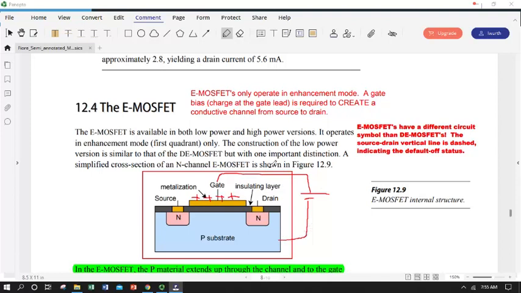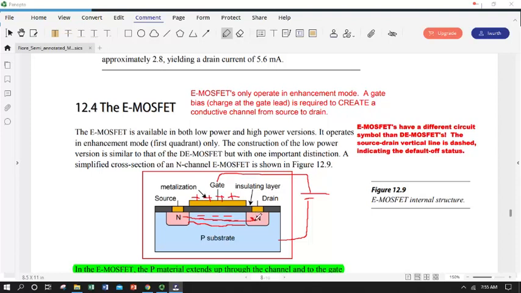And in so doing, we're going to charge the gate positive, and we're going to create an effective negatively charged region. Okay? And in fact, we're going to make this region so negative, it's going to have electron majority charge carriers. And it's going to form an N channel.